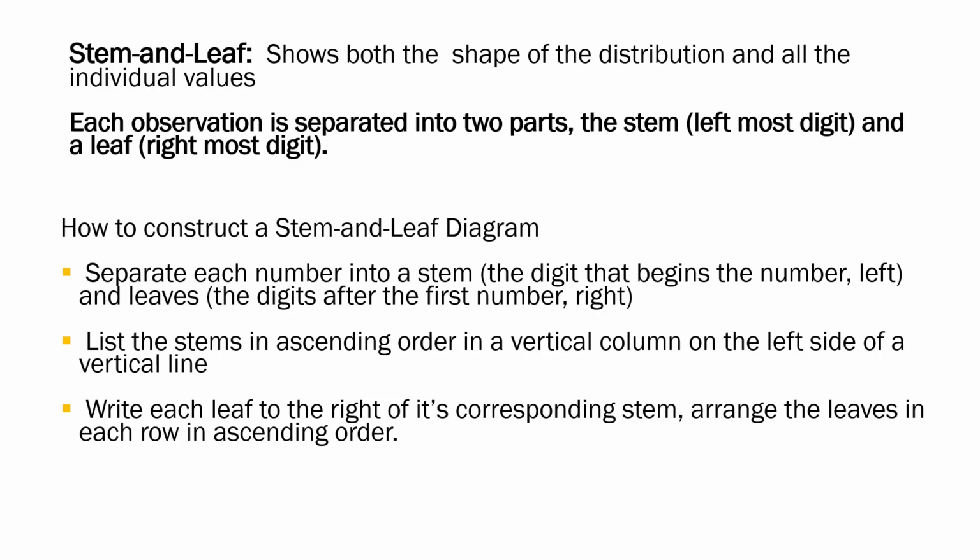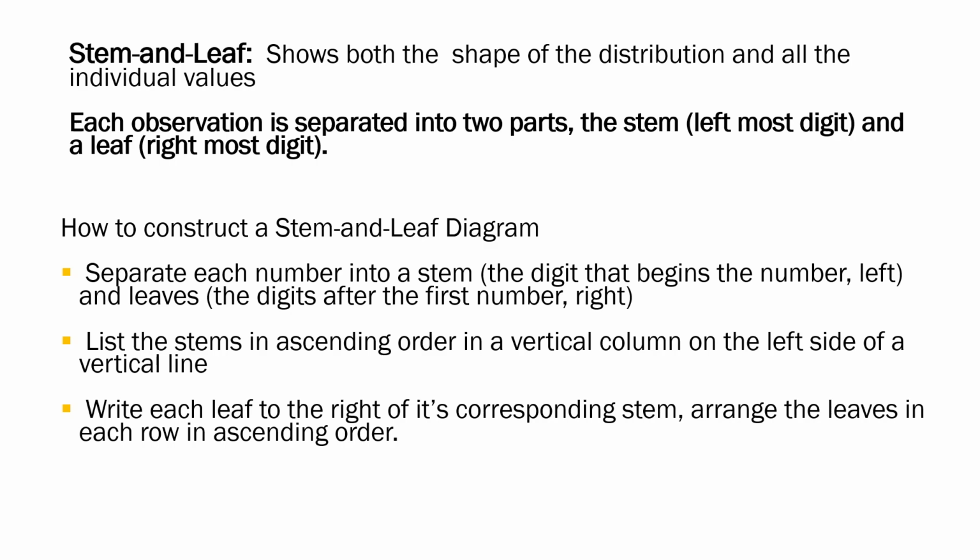So in a stem and leaf diagram, each observation is essentially broken into two parts. We've got the stem, and then we've got the leaf. Now, the stem may use as many digits as it needs, but each leaf must contain only one digit. So I've written out how to construct it.